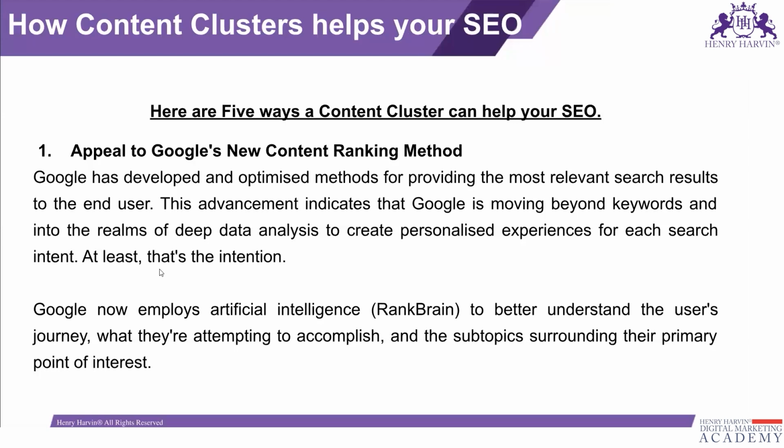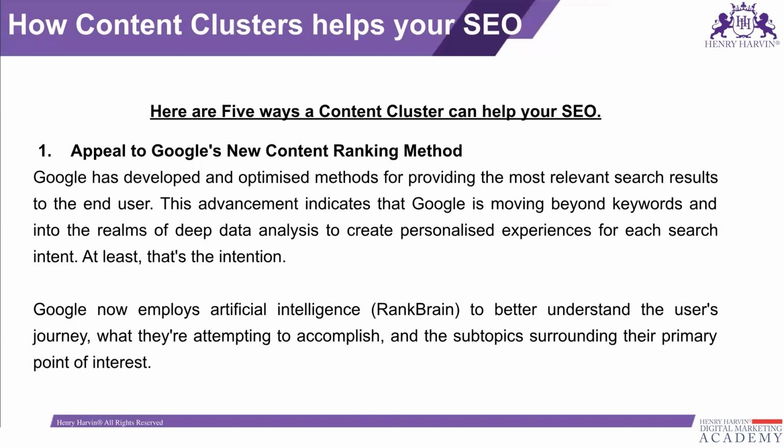So how will it affect Google search ranking? There are 5 ways that content clusters help in SEO terms. First, it appeals to Google's new content ranking method. Google just changed its algorithm and its ranking system as well.